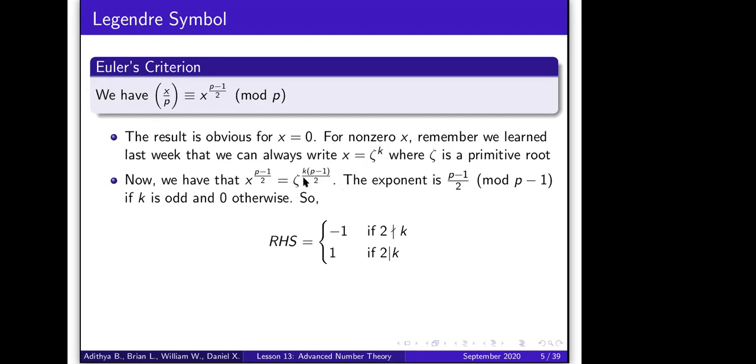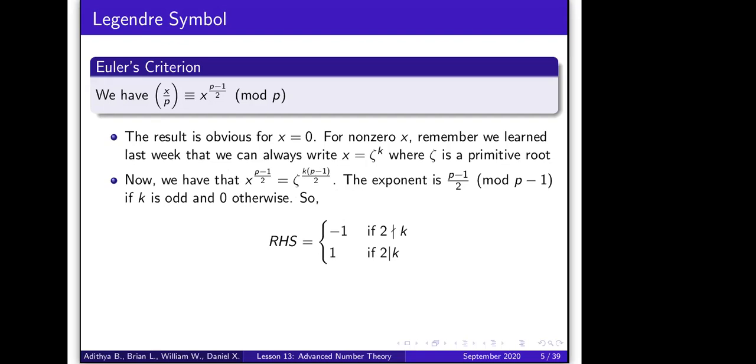And the exponent, we can take mod p minus 1 by Fermat's little theorem. So the exponent is (p minus 1) over 2 mod p minus 1 if k is odd, and it's 0 otherwise, because then it's divisible by p minus 1. And we know that if the exponent is (p minus 1) over 2, then zeta to the (p minus 1) over 2 is just -1.